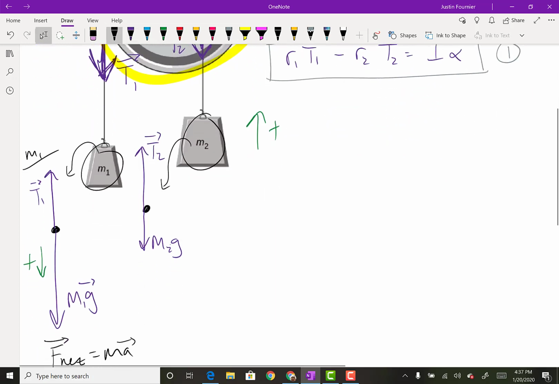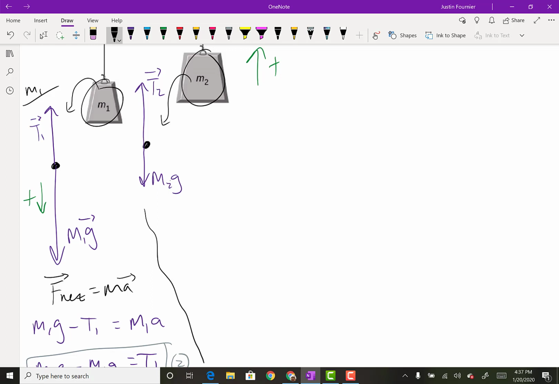So, okay, let's use F net equals MA here. In this case, it's T2 minus M2G equals M2A.